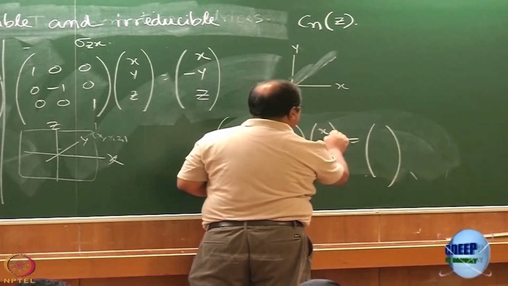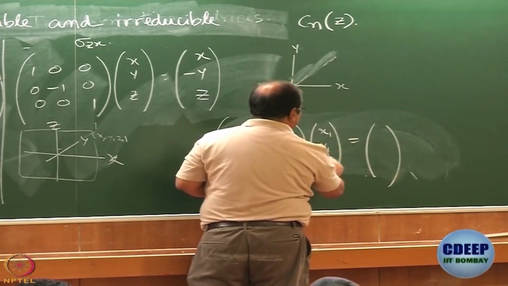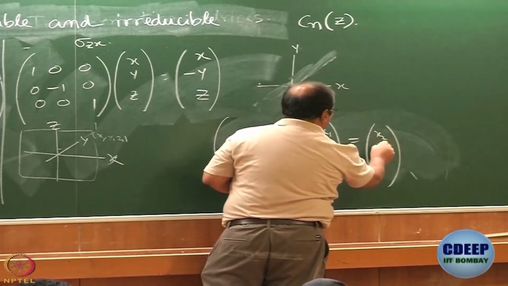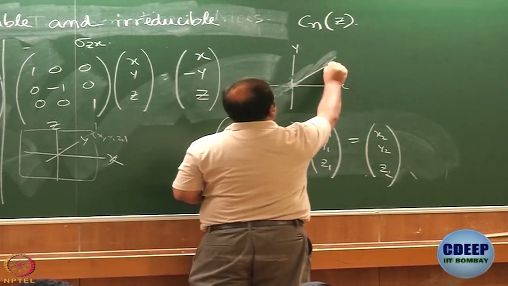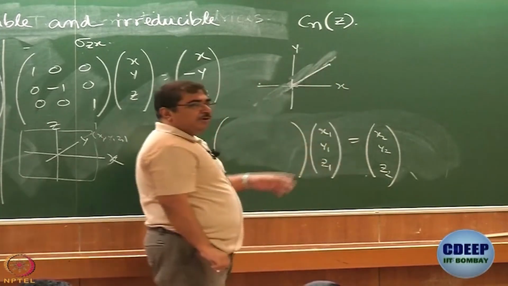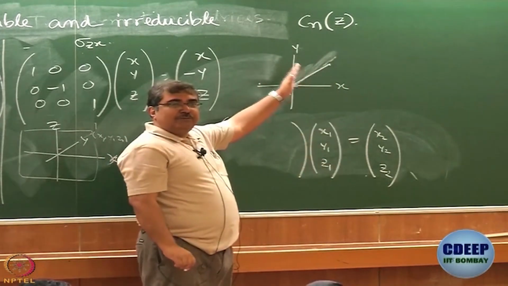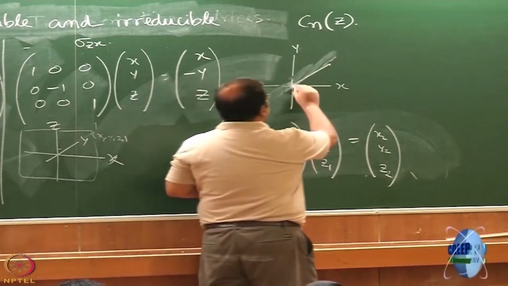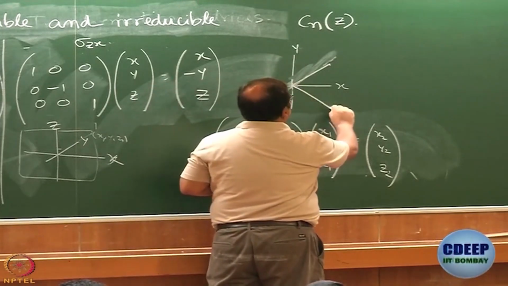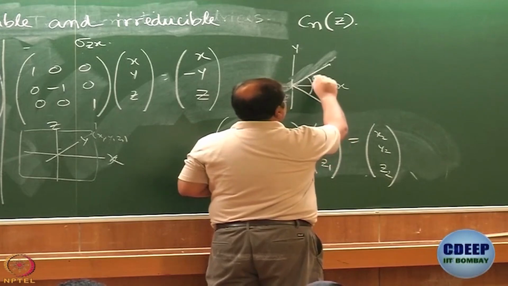For convenience, again I will write x1 y1 z1 and x2 y2 z2, where x1 y1 z1 are coordinates of the point that we start with. We are working with the position vector, and let us say I have rotated by an angle theta, any angle theta.